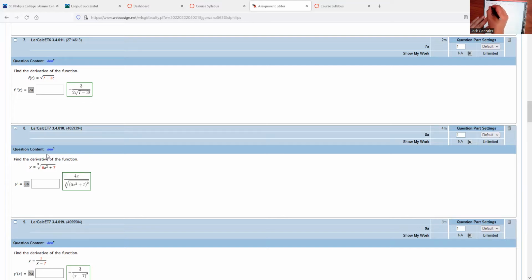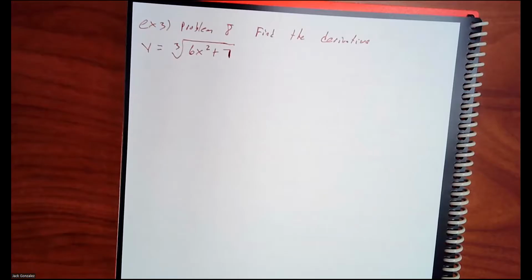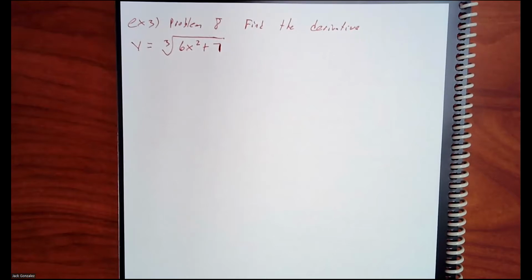So y is the cube root of 6x squared plus 7. What is the outer function?